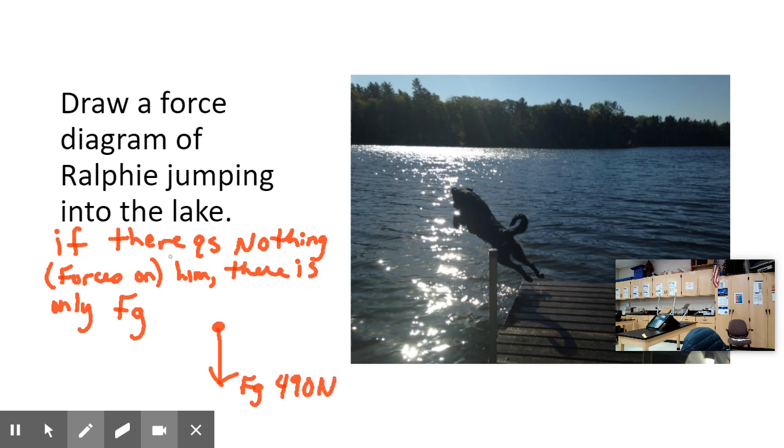So there is our force diagram, but I have to add one thing, my net force. What's my net force? My net force is 490 newtons down.